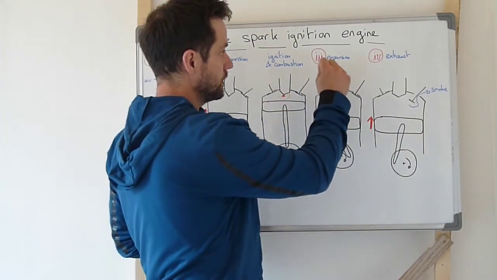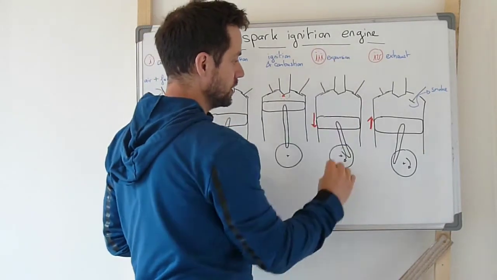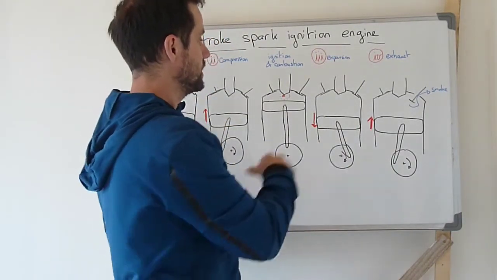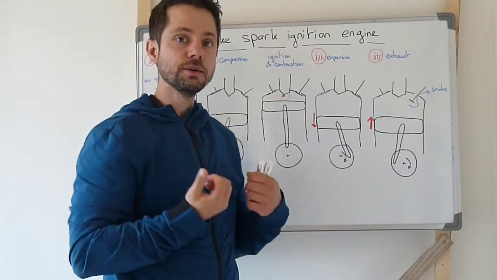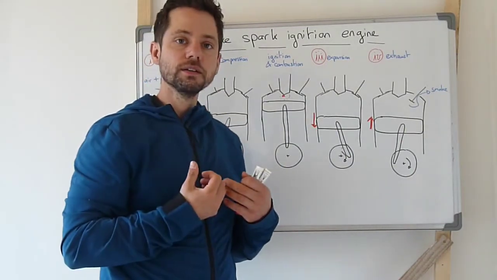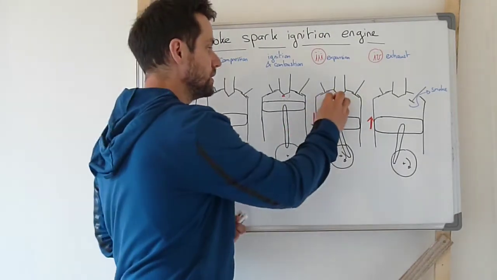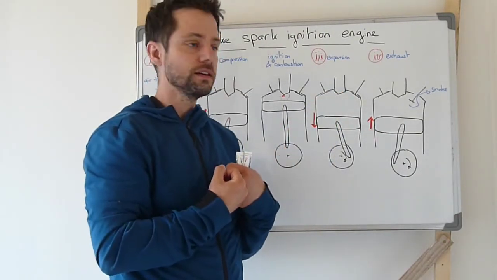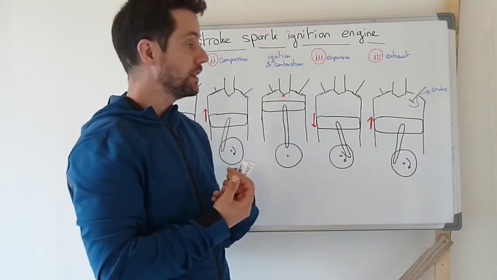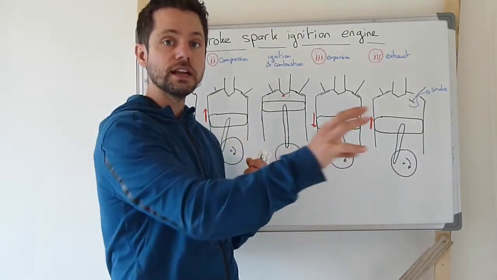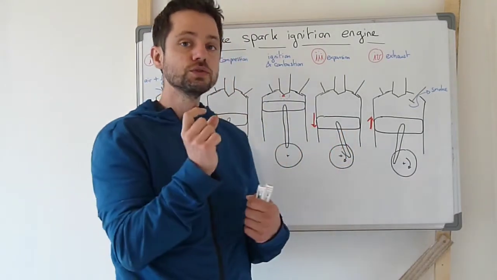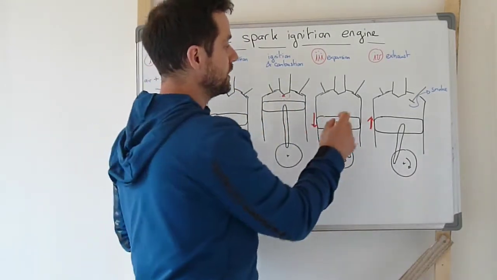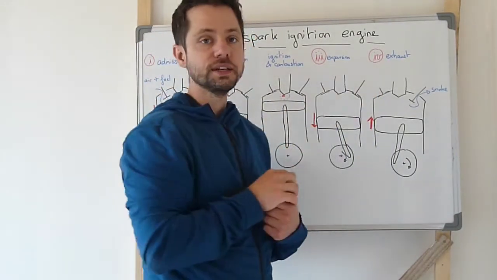So during the expansion stroke, the piston is going down to the bottom dead center, but at the bottom dead center the pressure inside the cylinder is still higher than the atmospheric pressure that we have in the exhaust line. At this moment, at the bottom dead center, or usually a little bit before, the exhaust valves are opening.